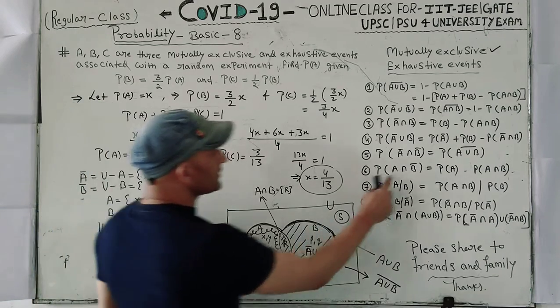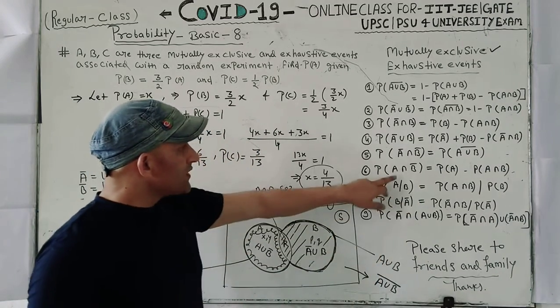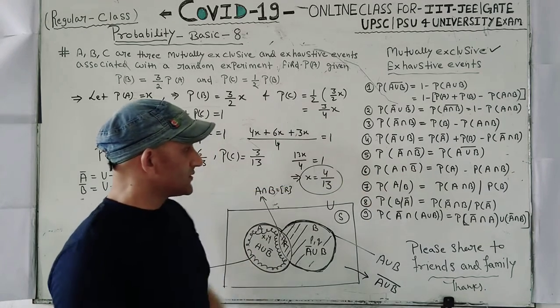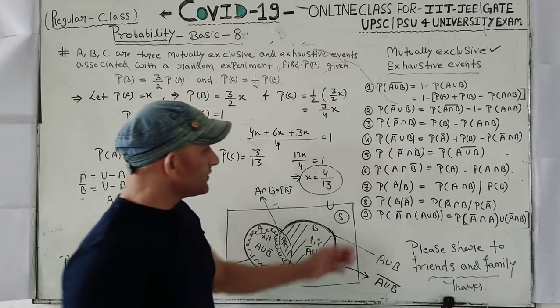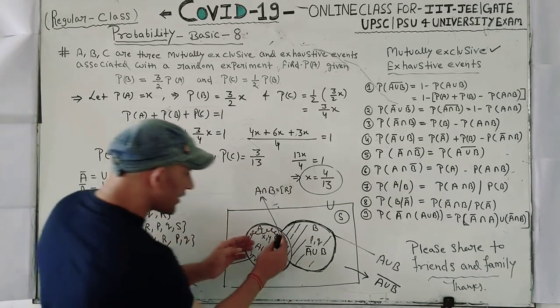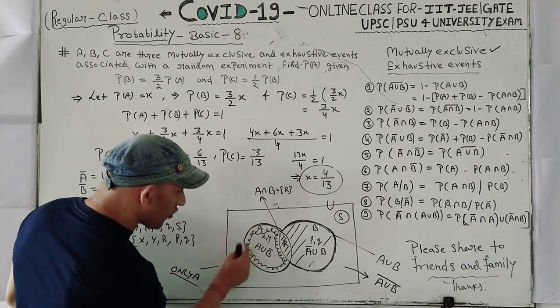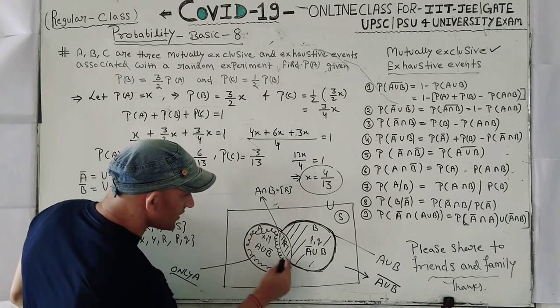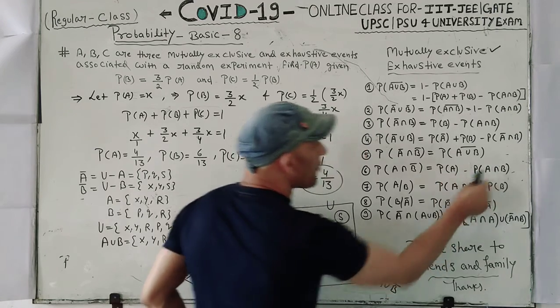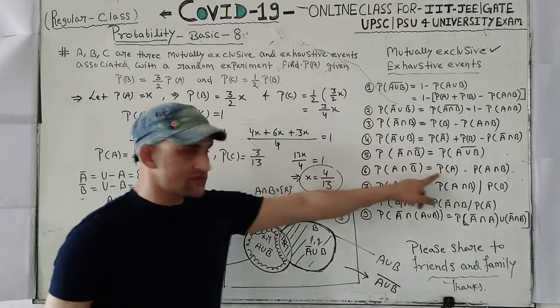Its meaning is how many people are playing the cricket match but not the hockey match. Already we have explained. So from A, if you remove this common part, you will get only A. That is the meaning of this.